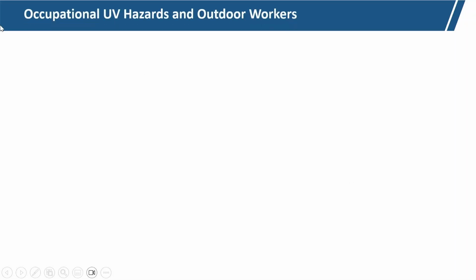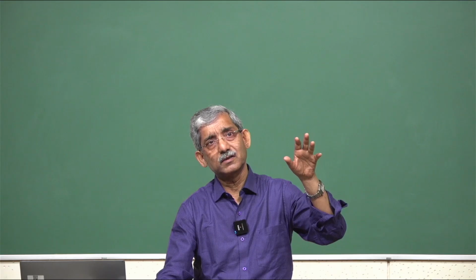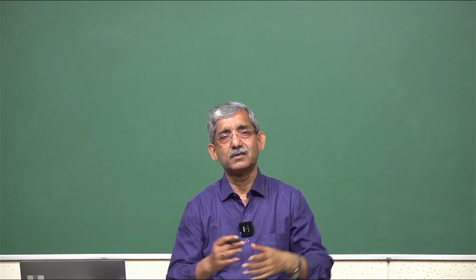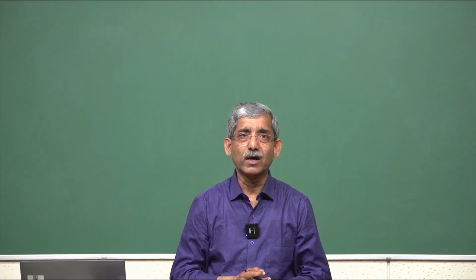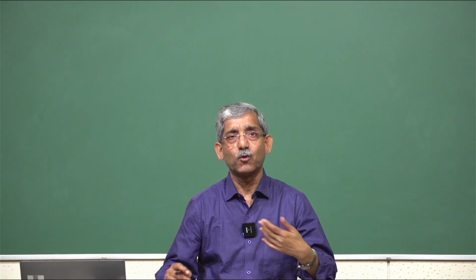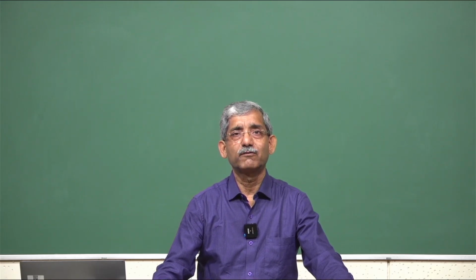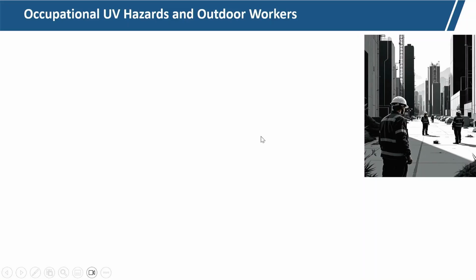So, the occupational hazards and outdoor workers. During their daily work, they may be exposed to UV, and there are different types of hazards. You can see the people working outside.